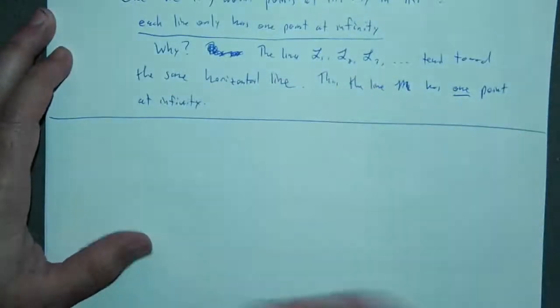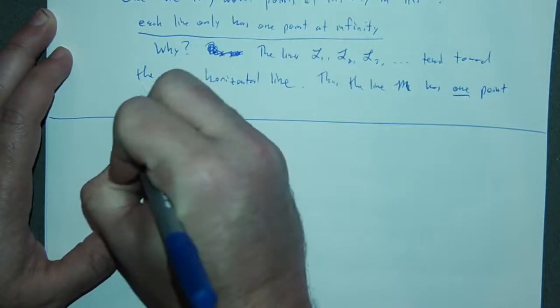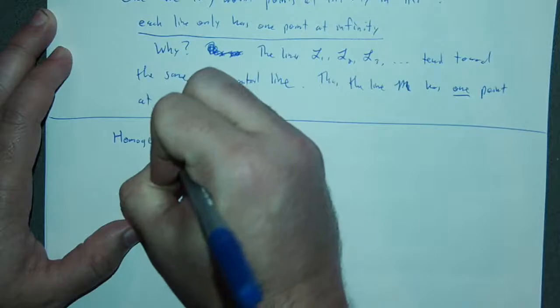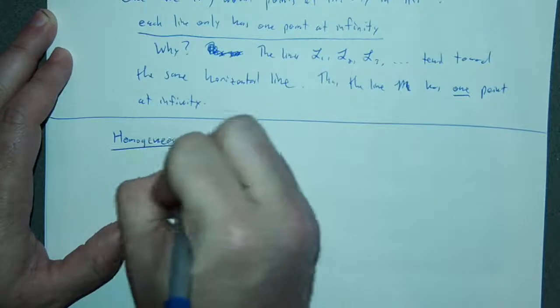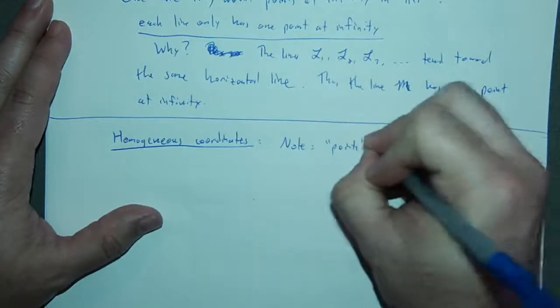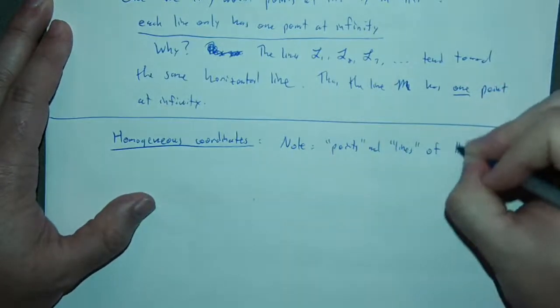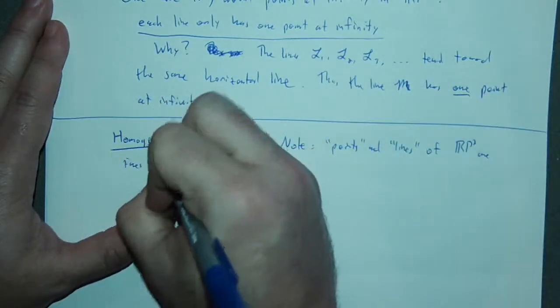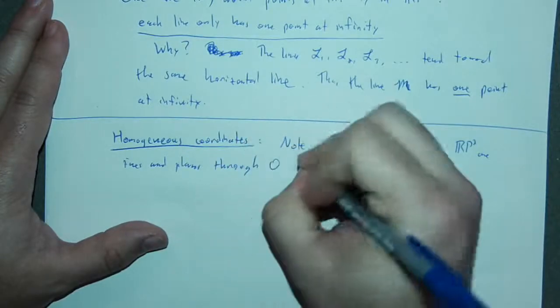This brings us to ways of describing our space RP2. This is done via homogeneous coordinates. So what's the idea here? Note that points and lines of RP2 are lines and planes through the origin in R3.